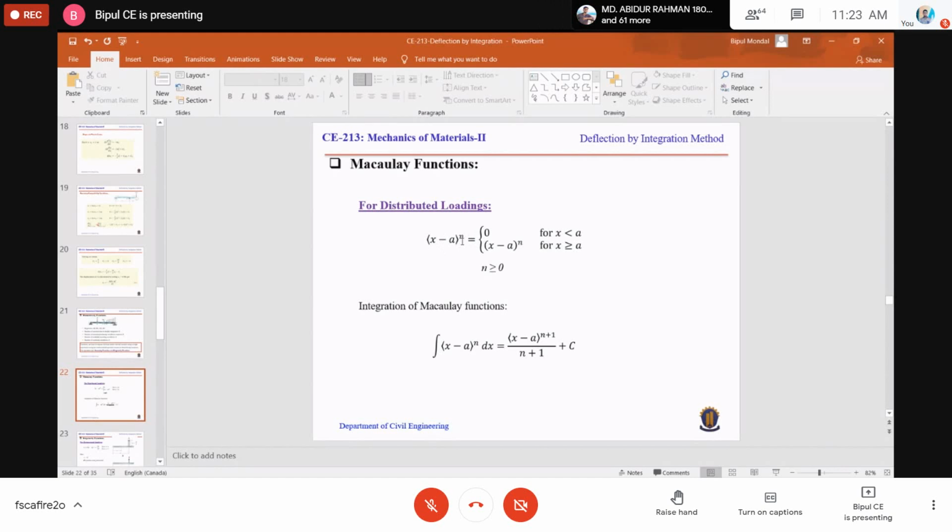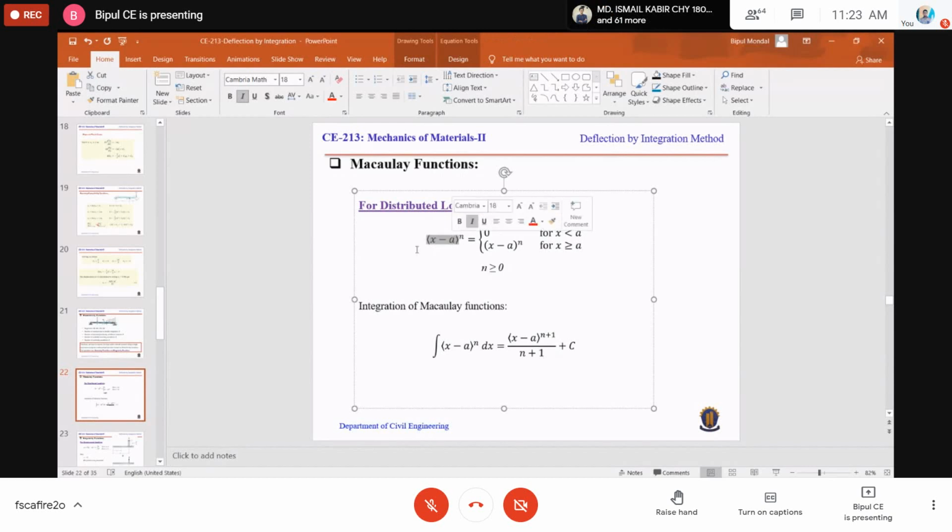It has some meaning: when the value within this bracket is negative or 0, then the total value of this term will be 0. That means we will ignore this part in that case.